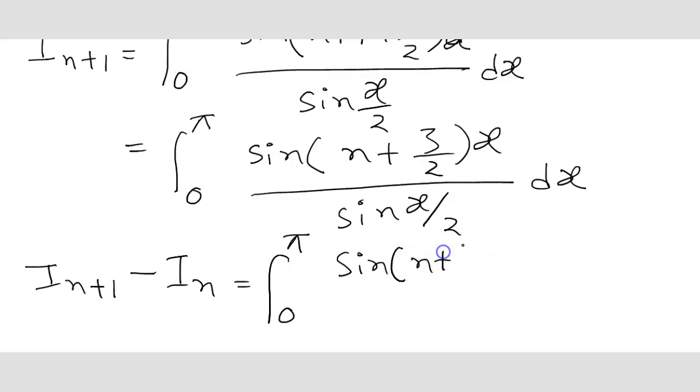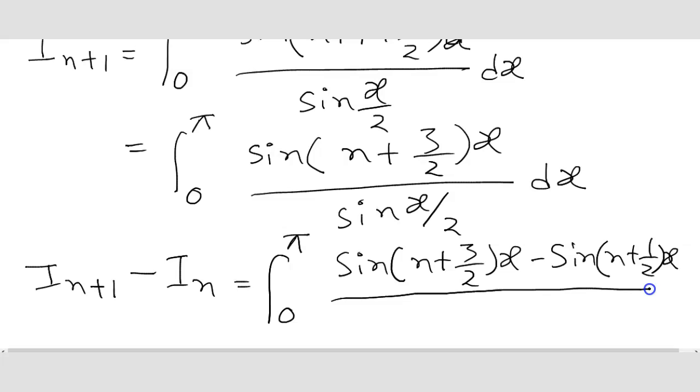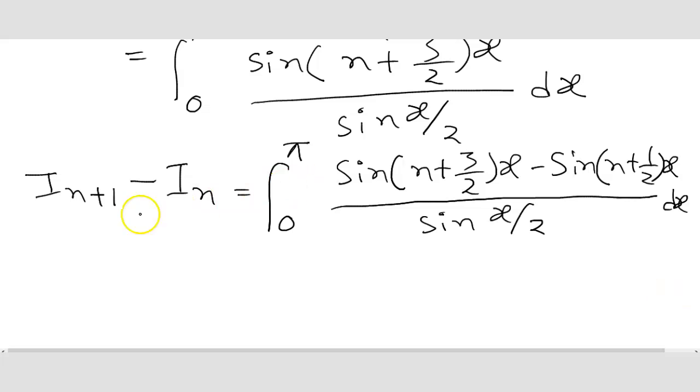If we subtract, the upper part will look like this, and in the lower part there will always be the same sin(x/2), and there is dx as we are integrating. If you observe, sin((n + 3/2)x) minus sin((n + 1/2)x) is like sin C minus sin D.